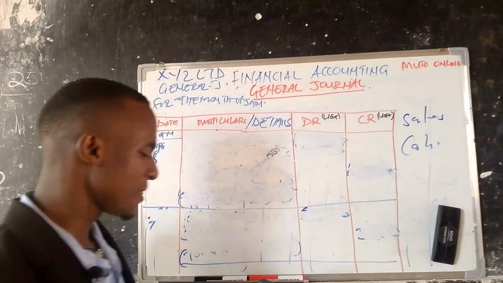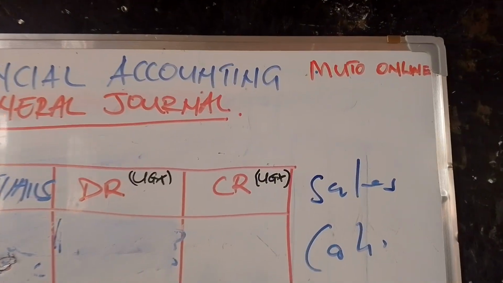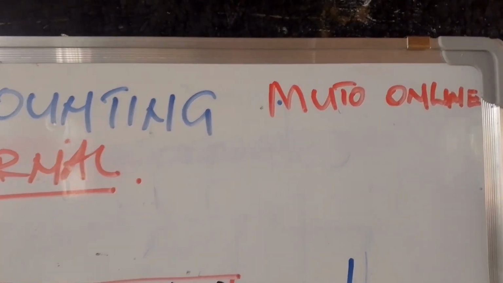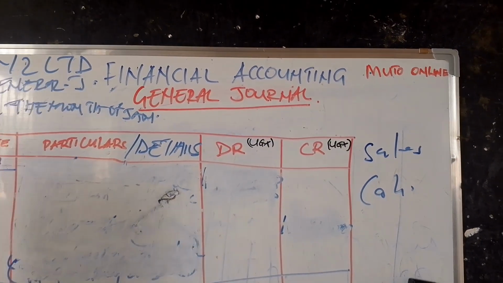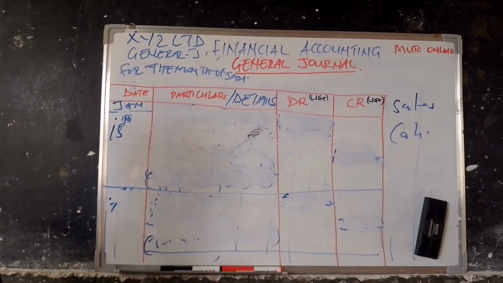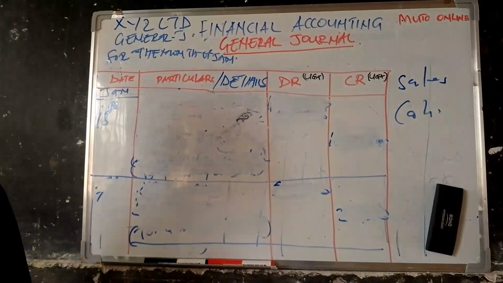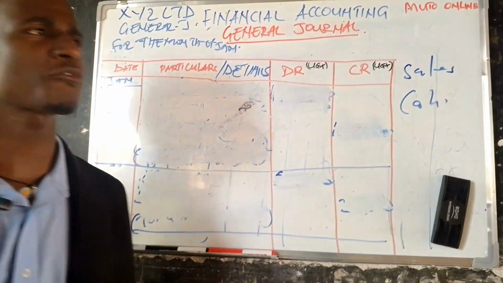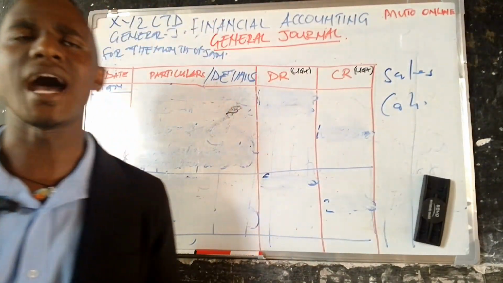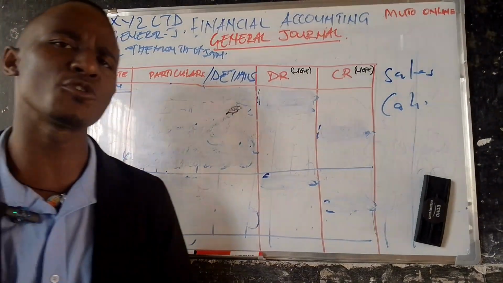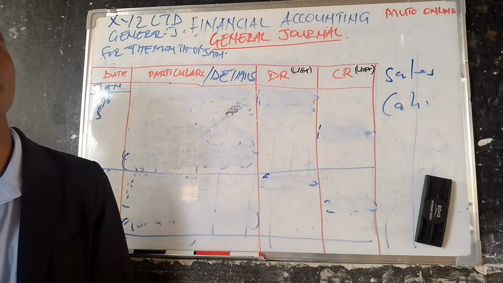So here, they are telling us that on 15th January, purchased more goods on credit from TK Limited, worth 500,000. In this transaction, they are purchasing goods from a creditor. Someone may ask, who is a creditor? A creditor is that person who gives goods on credit. And a debtor is that person who obtains goods on credit.